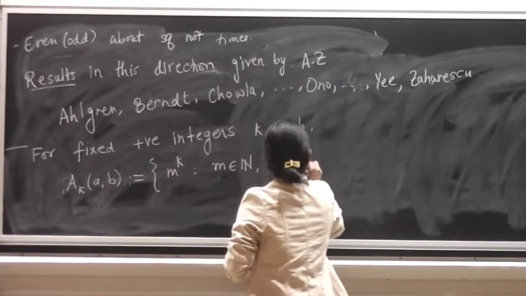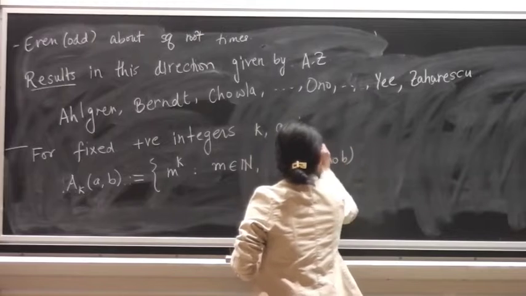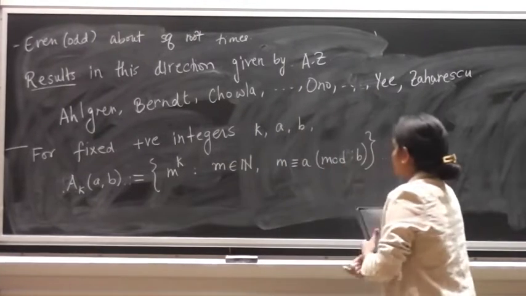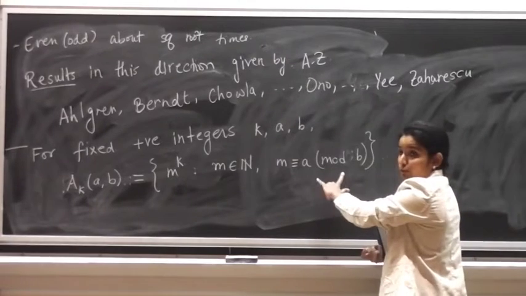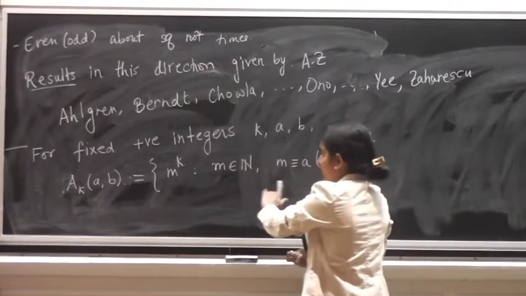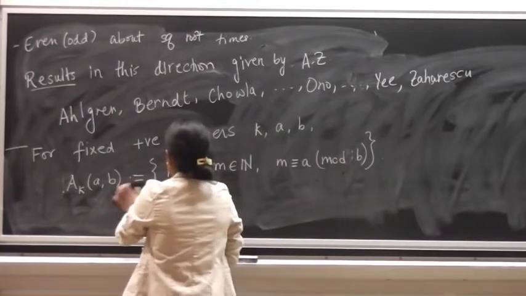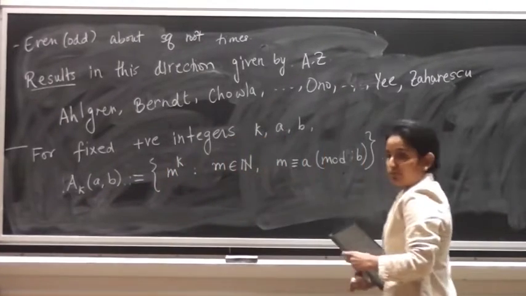So m is congruent to a mod b. So what you are doing is you are fixing an arithmetic progression a mod b, and in that arithmetic progression, you are taking kth powers. And your parts have to be these numbers.